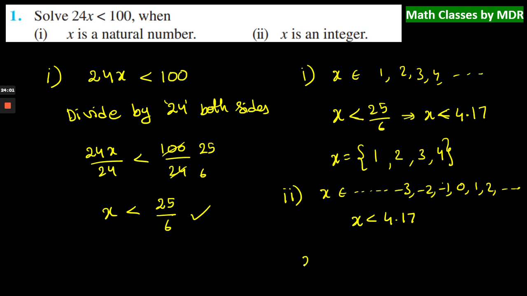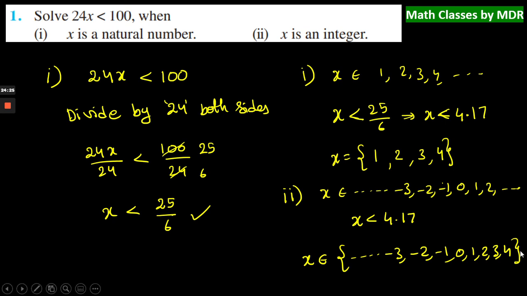So we represent the same in the set of negative numbers as ..., minus 3, minus 2, minus 1. Dots mean it continues. Whenever you represent the end of the set with dots, it means it continues up to infinity. So ..., 0, 1, 2, 3, 4. Okay, this is the representation of x when it is an integer.